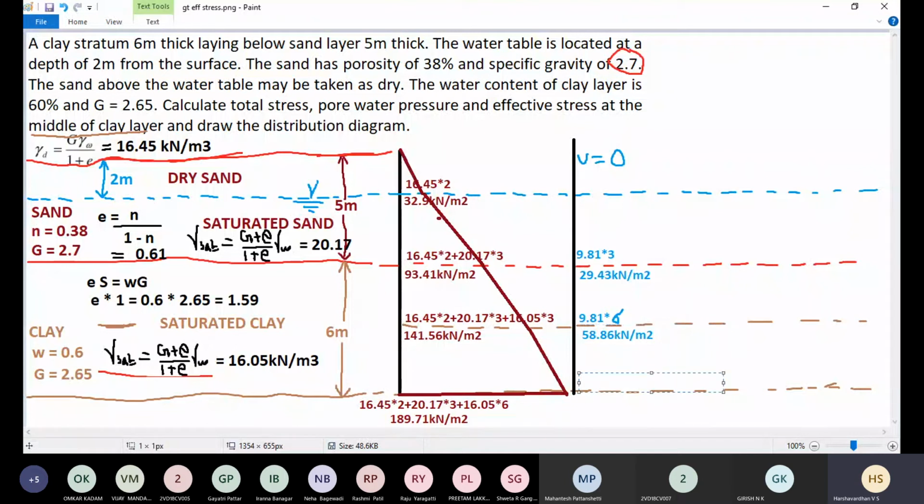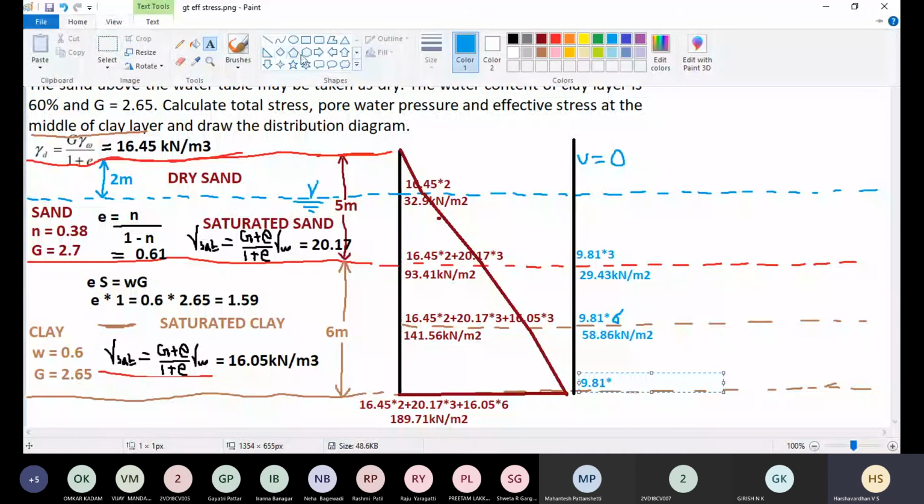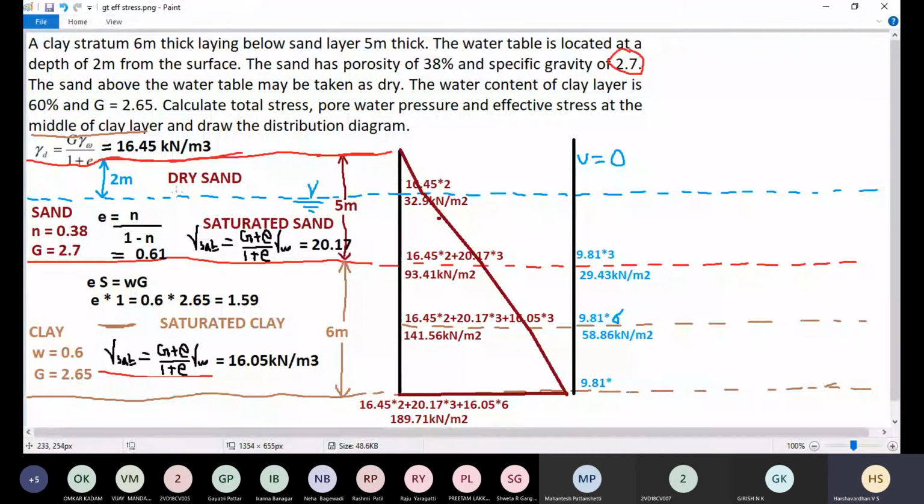Bottom of the clay layer, density of water is going to remain the same. What is the height of the water above the bottom of the clay layer, that is from water table to the bottom of clay layer? 9 meter.